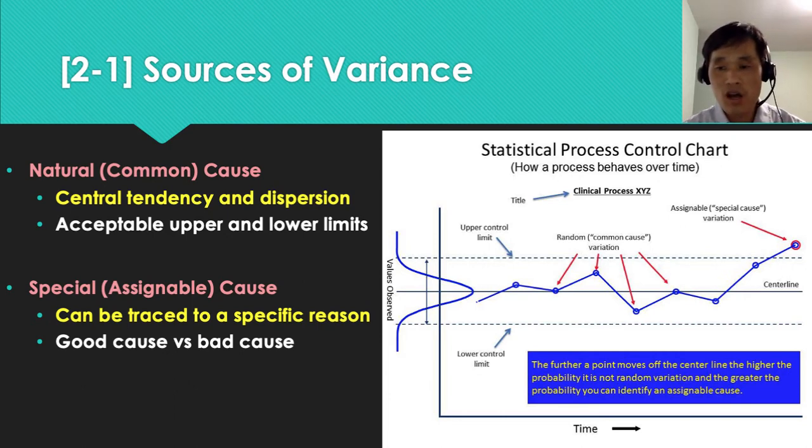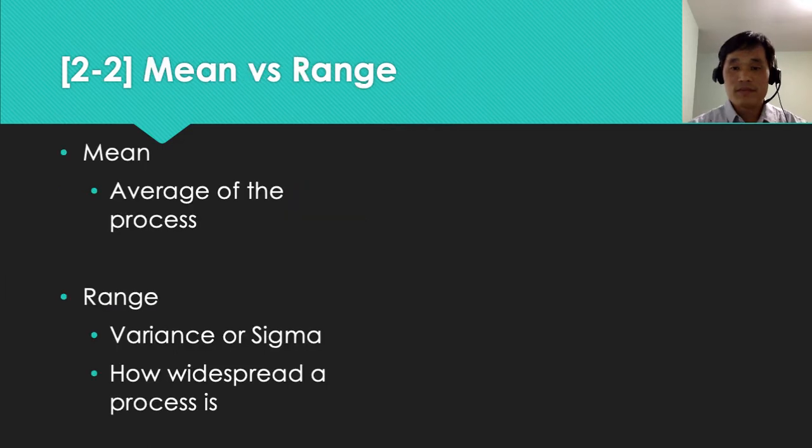Natural or common causes affect virtually all production or service processes, whereas assignable causes can be generally traced to specific causes. The objective is to discover when assignable causes are present and when we can eliminate the bad causes and incorporate the good causes.